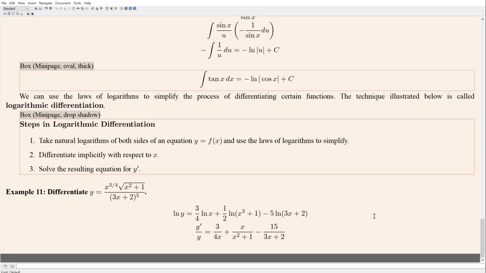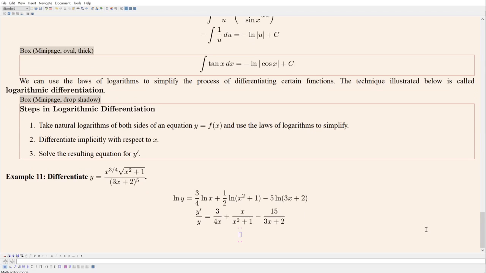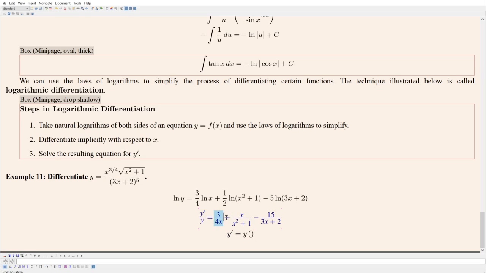Okay, so there's that. And then 3, solve the resulting equation for y prime, because really that's what we're interested in, right? We want the derivative of the thing that we started with. And that's easy enough. To get y prime by itself, just multiply both sides by y. So y prime is equal to y times all of this.